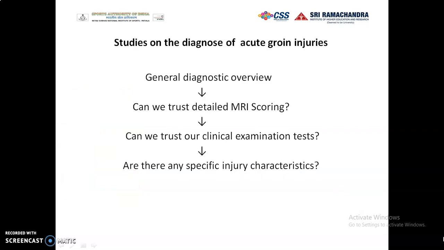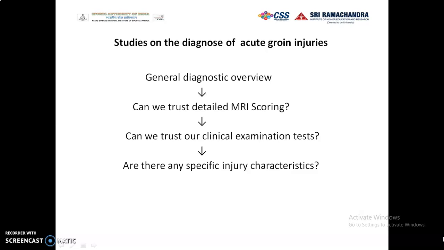The diagnosis can be made by following simple steps. Always, when a sporting athlete or population presents to you with groin pain, we should look at the general diagnostic overview. What can possibly be obtained from a patient?